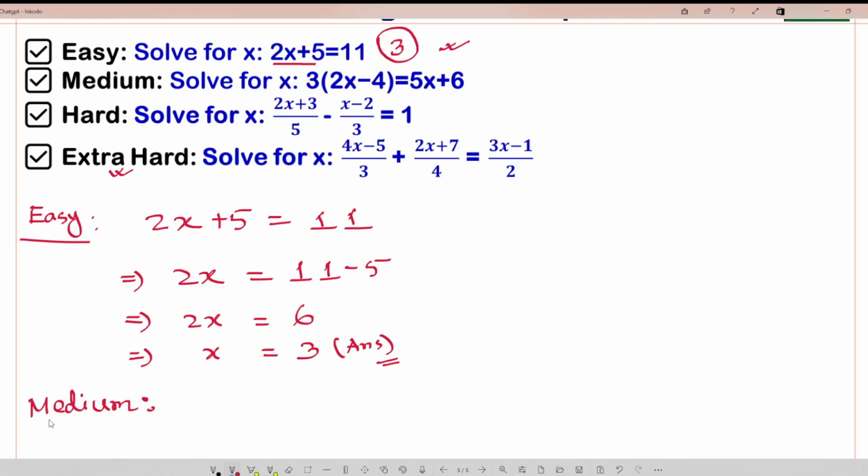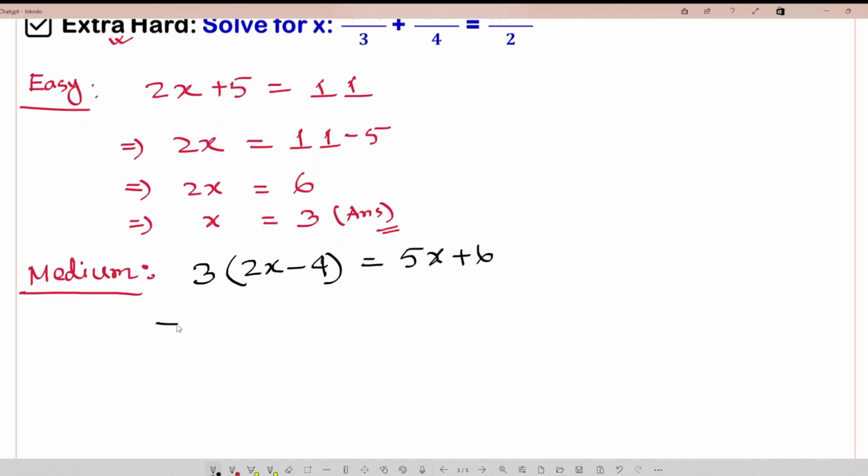Medium level. Here also we will try to find out x. So here is 3 times (2x - 4) = 5x + 6. We can write 3 times 2, it means 6x - 12 = 5x + 6.